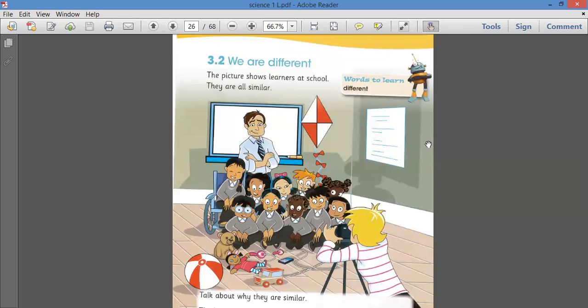Similar means same. Being the same in some ways.